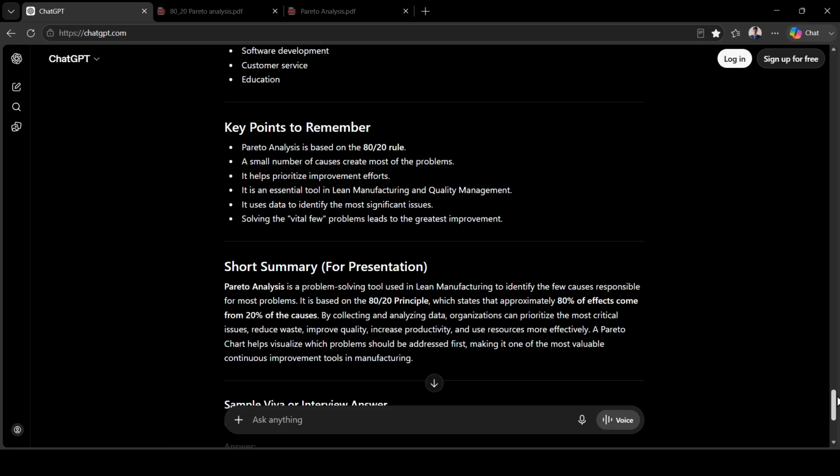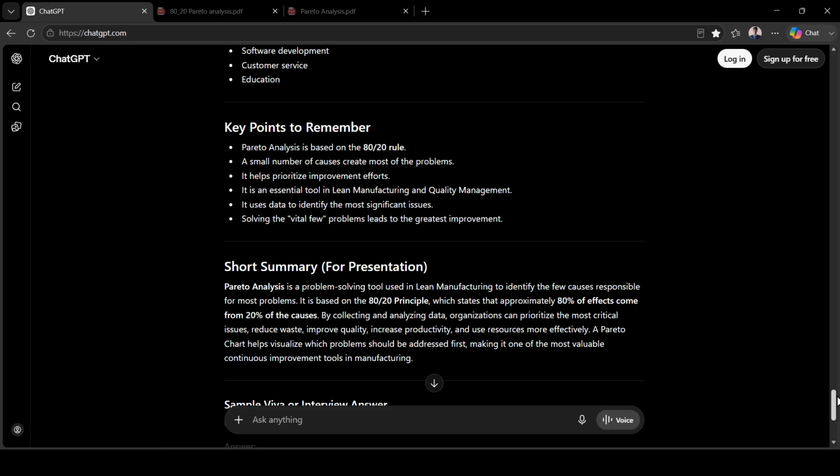So, in short summary, Pareto analysis is a problem-solving tool used in lean manufacturing to identify the few causes responsible for most of the problems. It is based on the 80/20 principle, which states that approximately 80% of the effects come from 20% of the causes.